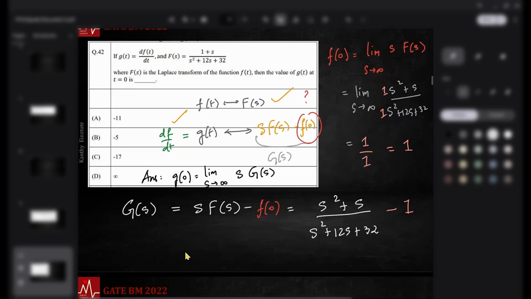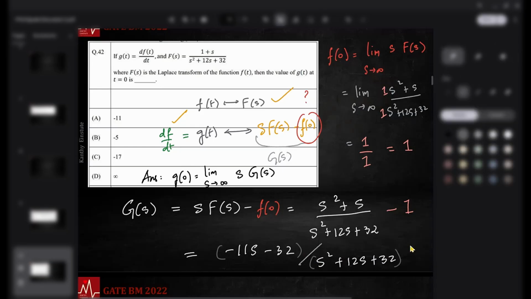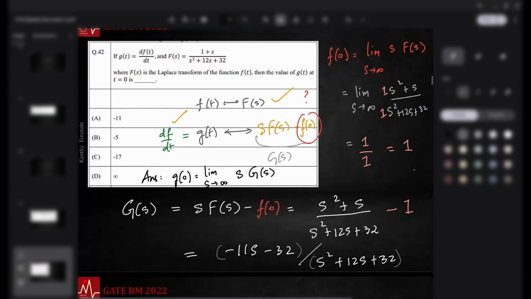This simplifies to G of s: the s square will cancel, s minus 12s will be minus 11s, minus 32, divided by the same denominator, s square plus 12s plus 32. Got you G of s.